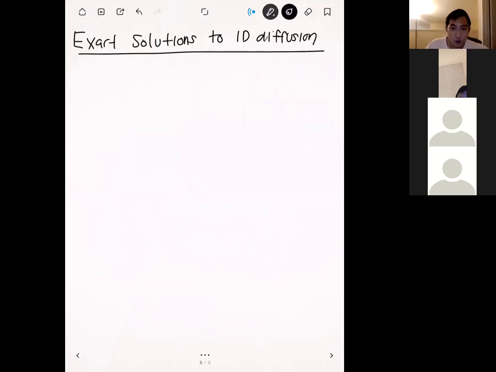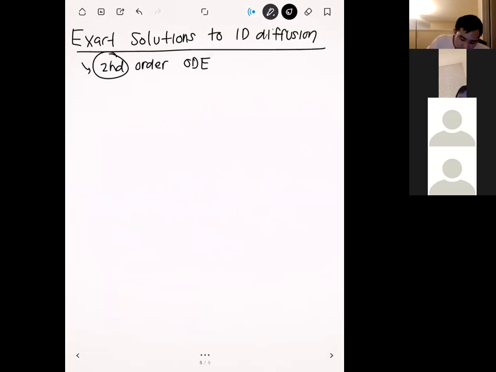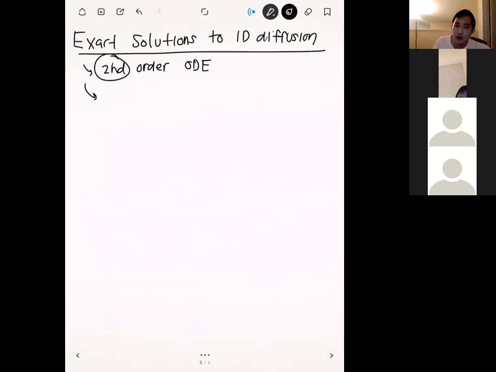And so the first thing we'll note is that our equation here is a second order ODE. So ODE stands for ordinary differential equation, right? And the fact that it's second order, or in other words, since we have a second derivative, this means that in order to find a full solution, we're going to need two boundary conditions.